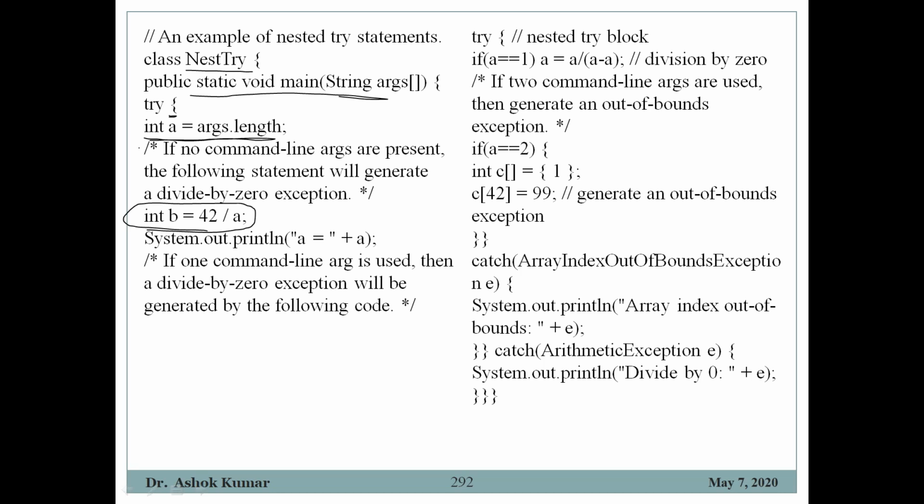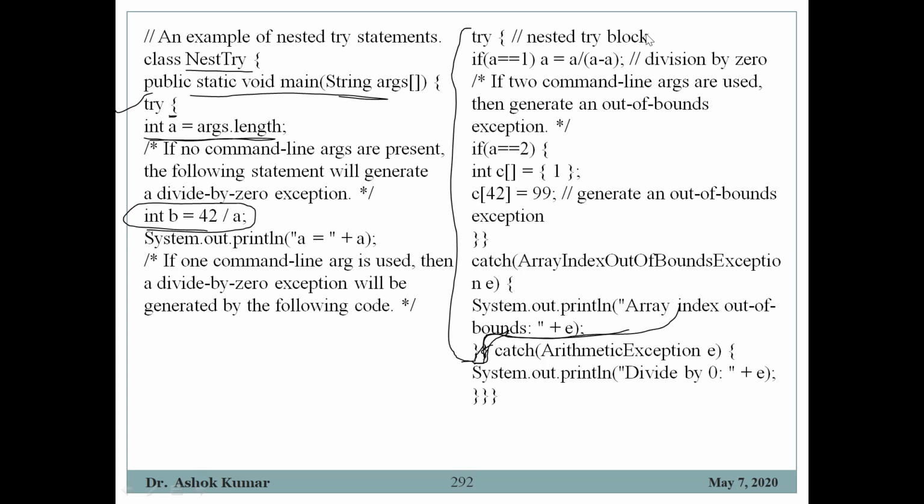And after that, within this try block, we have another try block. So this one is the nested try block. This nested try block ends over here. This brace is outside that. So this is the end of the inner try block.